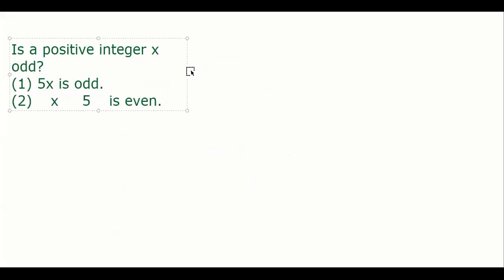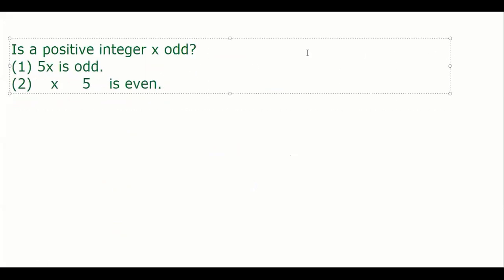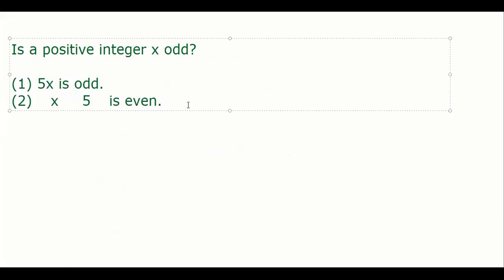The question is: is a positive integer x odd? Can you find out whether positive x is odd or not? We know 5x is odd, and we also know from the second statement that x plus 5 is even.